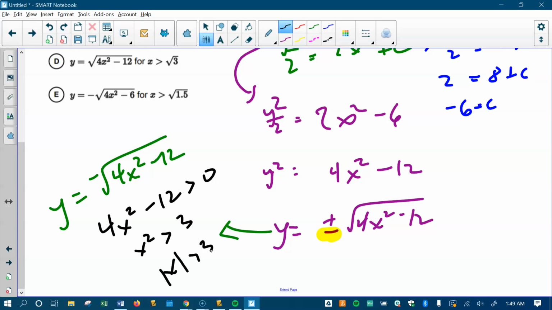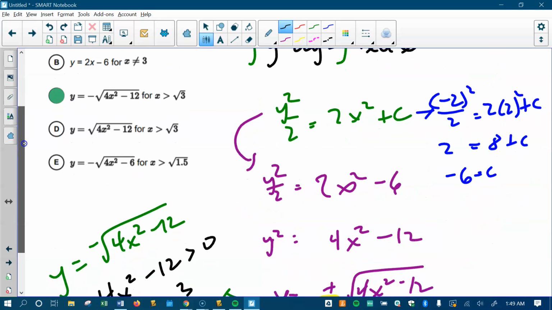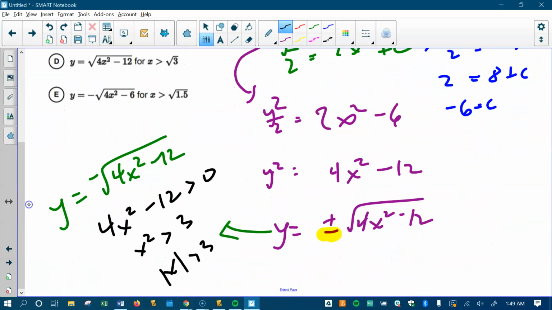But my x value is 2. The square root of 3 is about 1.7. So I'm not sure why they have 1.5.